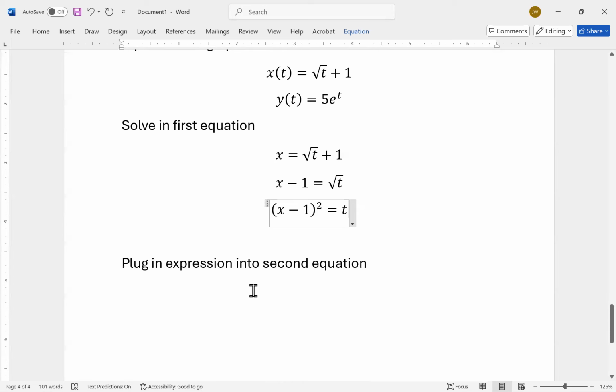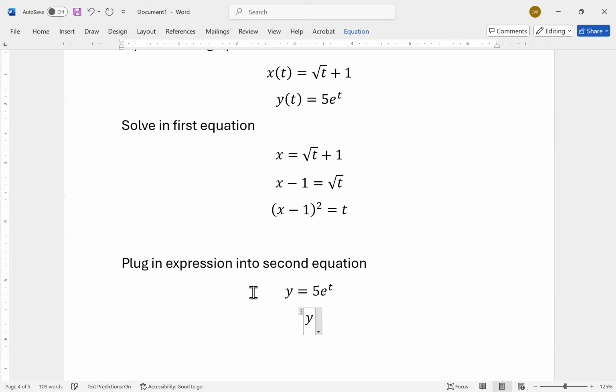Then I plug in that t into the second equation. The second equation is just y equals 5 times e to the tth power. I replace the t with x minus 1 squared.